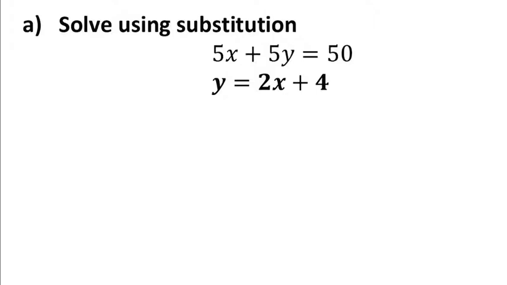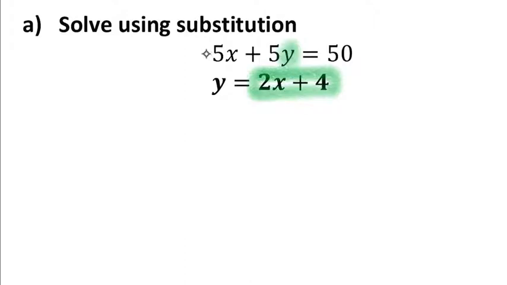So for this first problem, A, we're asked to solve using substitution. And I can see quite clearly that the second equation tells me that y is equivalent to 2x plus 4. That's what y is. Well, what I'm going to do is use that fact in the first equation to replace the y that's there.